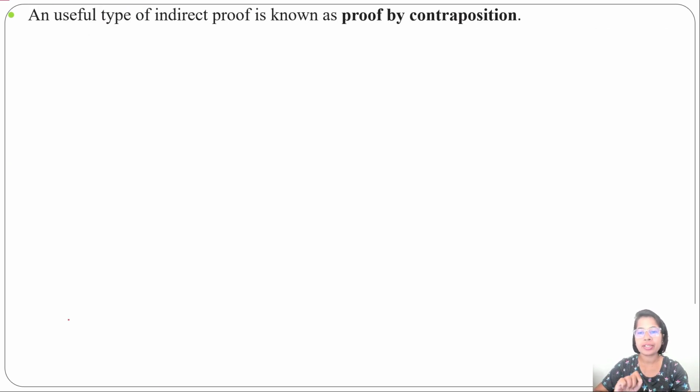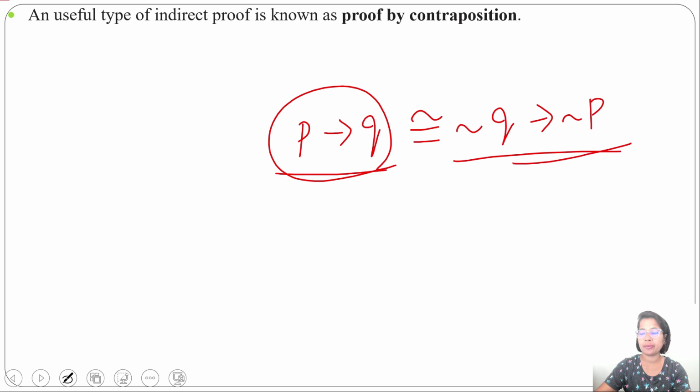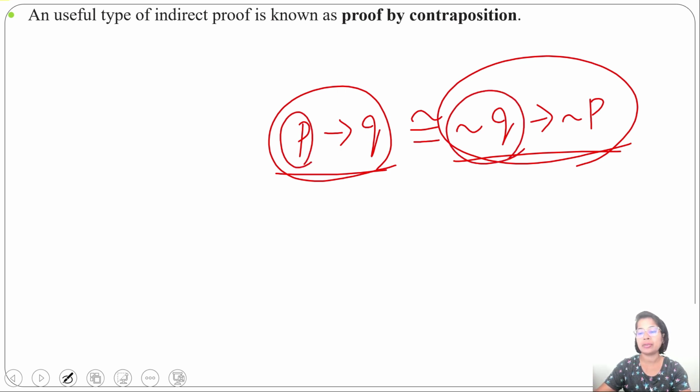I already discussed contrapositive. For implication P implies Q, it is equivalent to its contrapositive, negation Q implies negation P. Both truth values are the same. So P implies Q is equivalent to negation Q implies negation P. Now in proof by contraposition, rather than assuming P is true, we assume negation Q is true.